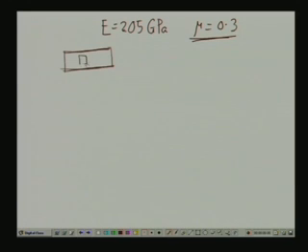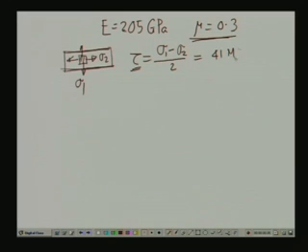If we take a small element, we have sigma 2 in the longitudinal direction and sigma 1 in the circumferential direction. As we have seen, the in-plane shear stress tau is equal to (sigma 1 minus sigma 2) by 2. It is indicated here that the maximum shear stress is equal to 41 MPa. So, the stress differential sigma 1 minus sigma 2 is equal to 82 MPa.